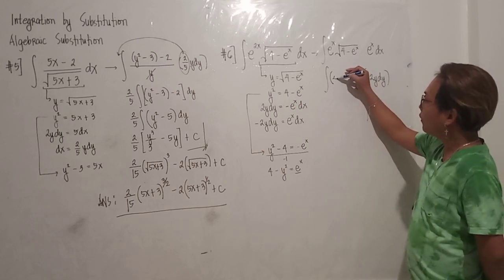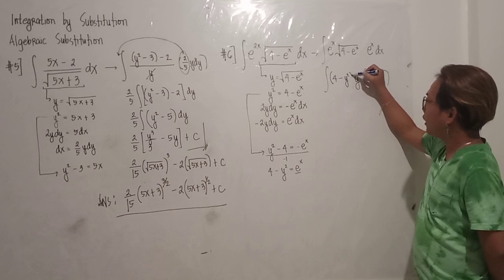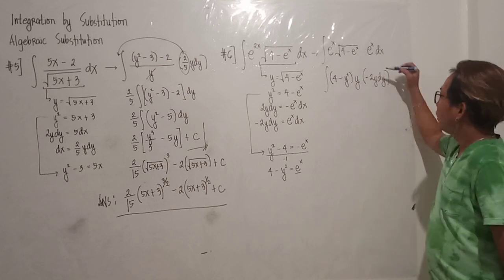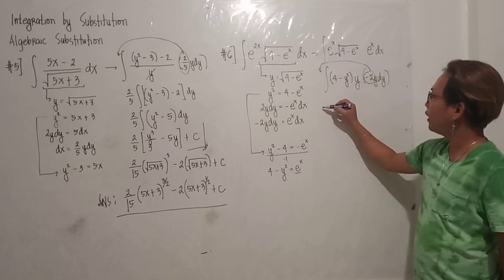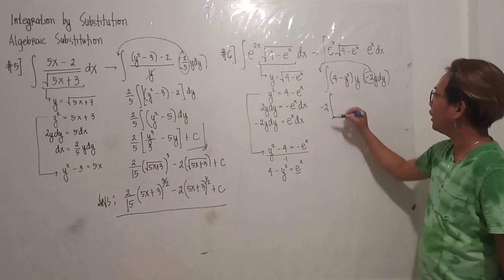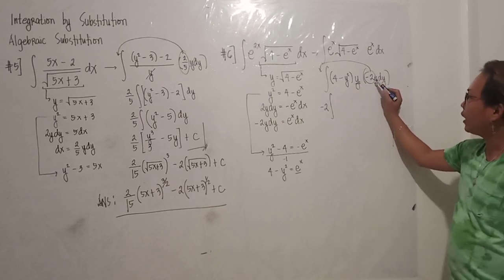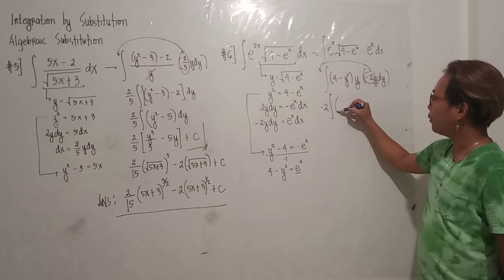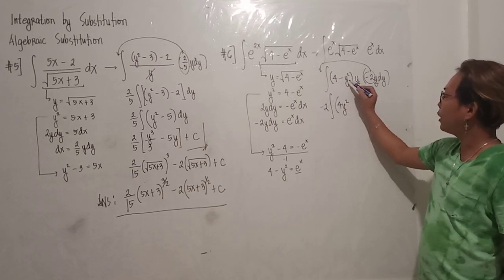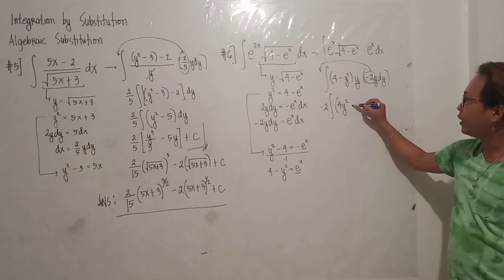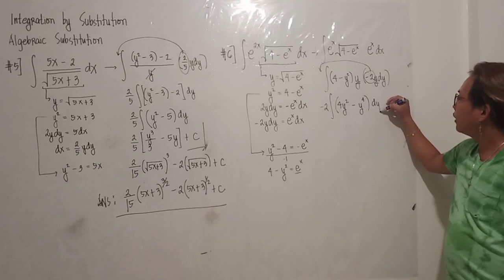You will now have 4 minus y squared. Since this is constant, pwede nating ilabas. We will now have negative 2. Then the integral of y multiplied to y is y squared. Then pwede natin i-distribute. You will now have 4 y squared. Then your y squared multiplied to another y squared is y raised to 4 dy.